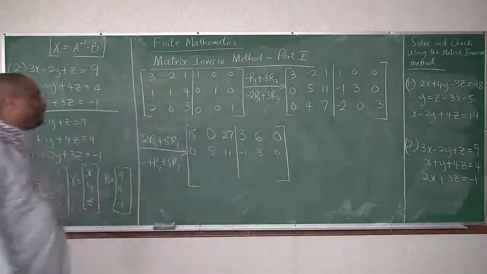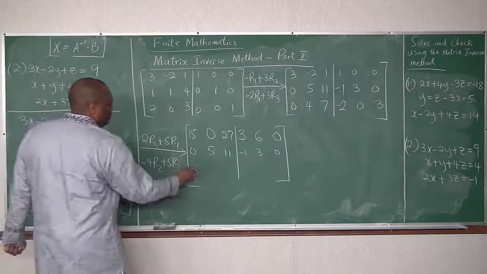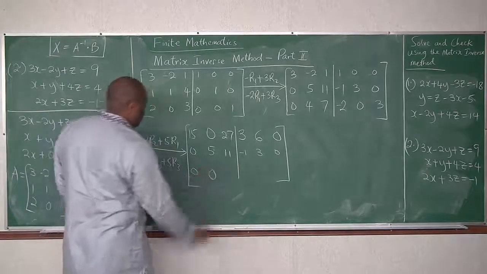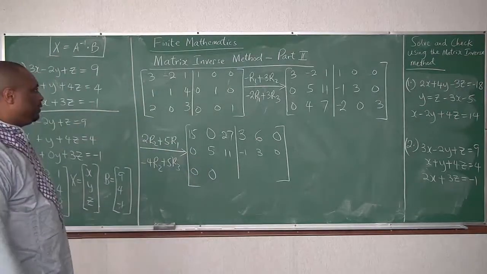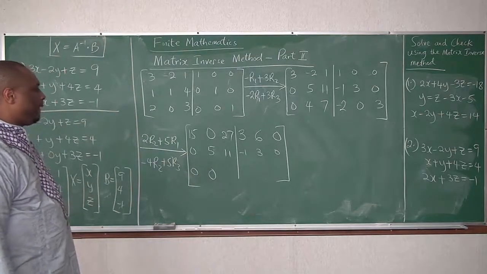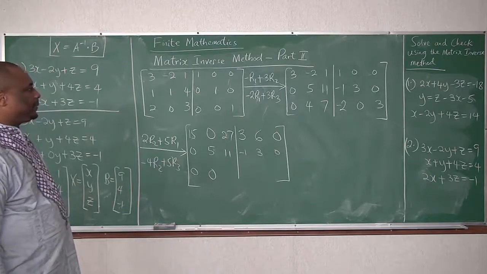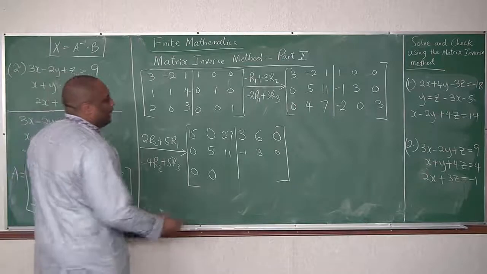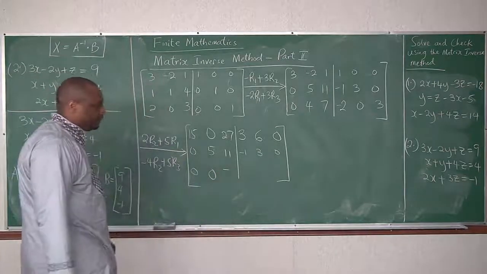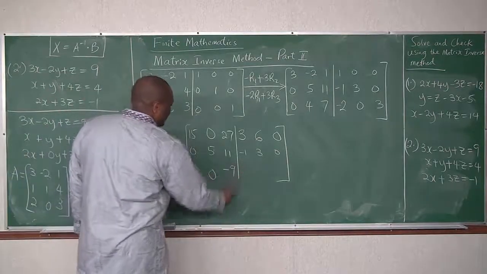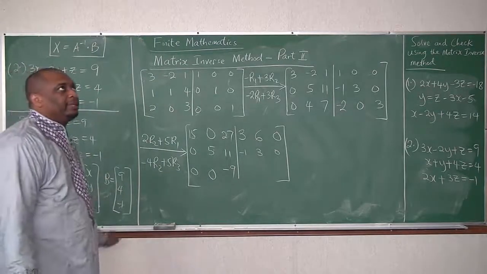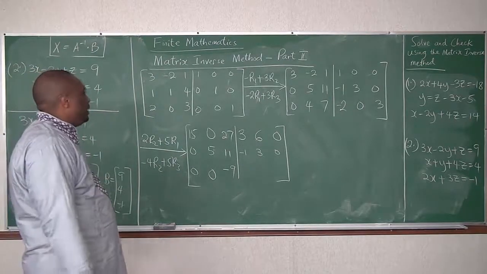Then row 3, 0, 0 is 0. Negative 20 plus 20 is 0. Negative 44 plus 35 is negative 9.